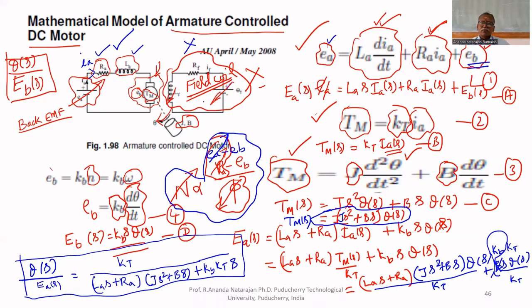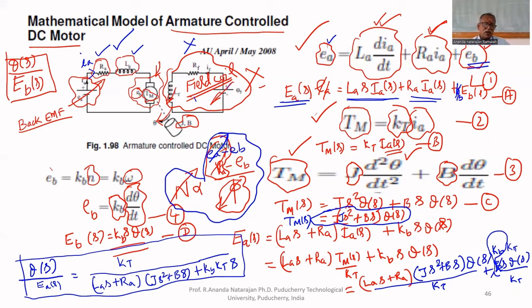If you take the Laplace transform, assuming zero initial conditions, you will get EA of S equal to LA S IA of S plus RA IA of S plus back EMF EB of S.